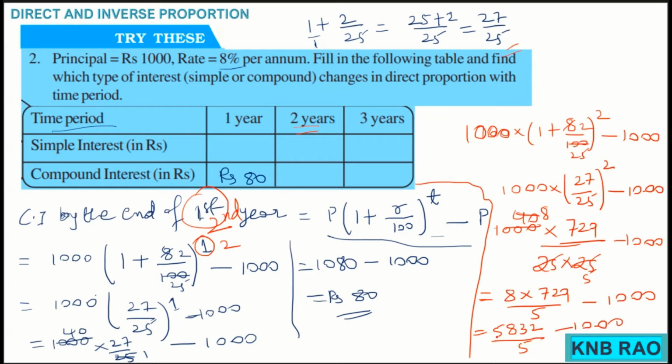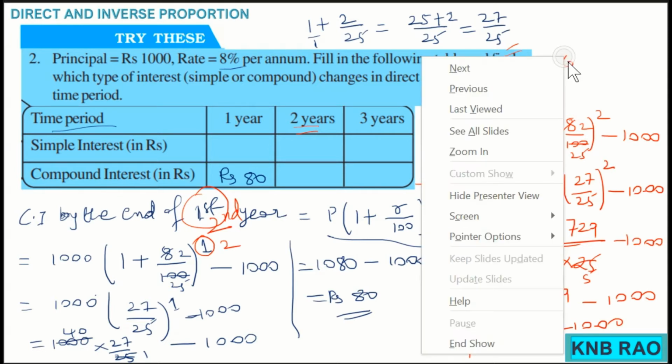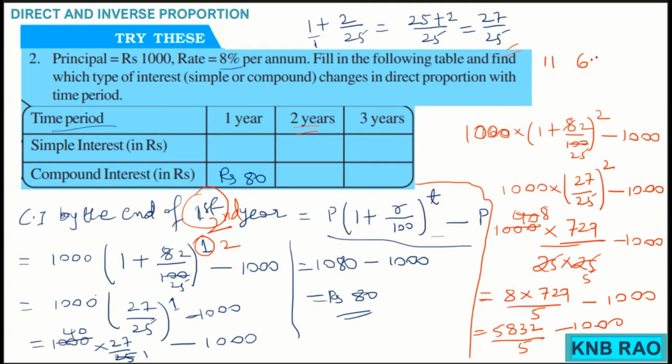If you do further, 5832 by 5 becomes 1166 rupees 40 paise. 1166.4, that means 40 paise, minus 1000, it gives us 166 rupees 40 paise.